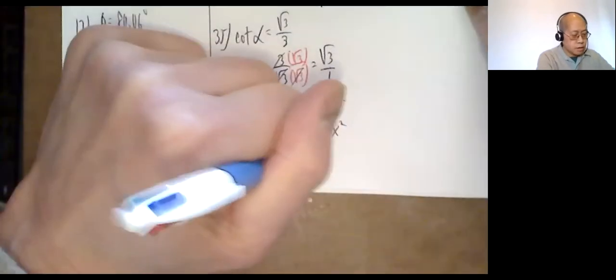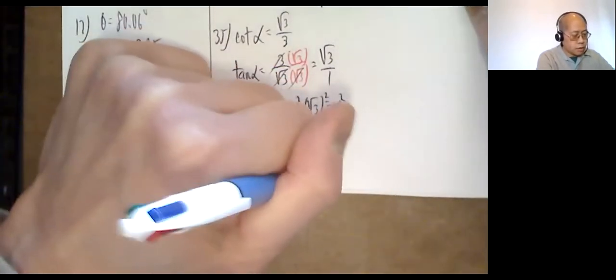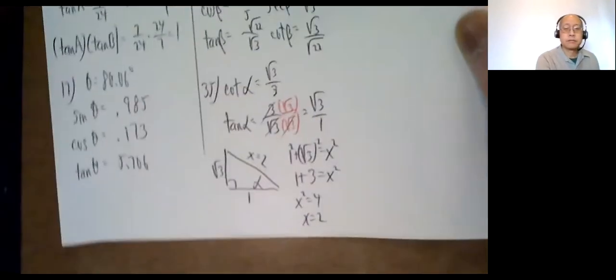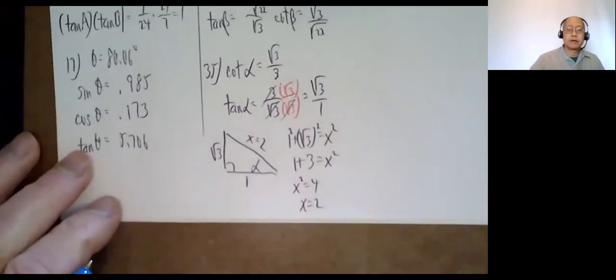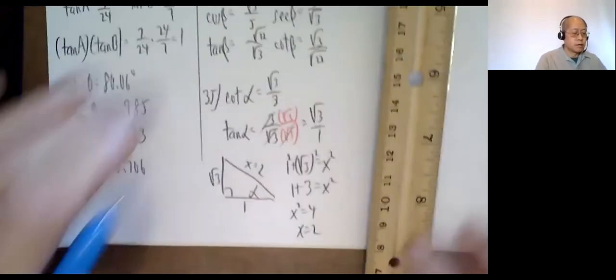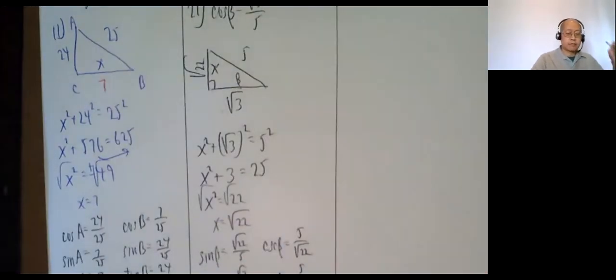Radical 3 squared is 3. So 4 equals x squared. So x is equal to 2. And then you can get the rest of it. In fact, that happens to be a quote unquote famous angle, but let's just pretend we don't know that yet.